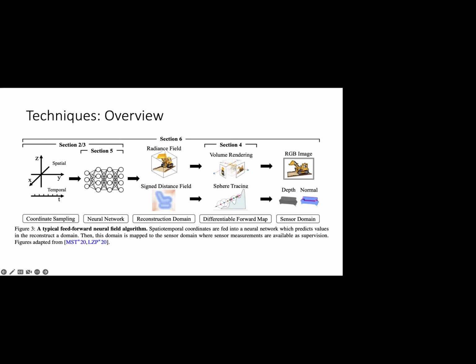And then when you get all your pixel colors for all these little points on your image plane, you get this RGB image. So that's an example of how you would use a neural field in a forward way. You have this neural network that gives out those radiance and density functions, and from there you get what you want.